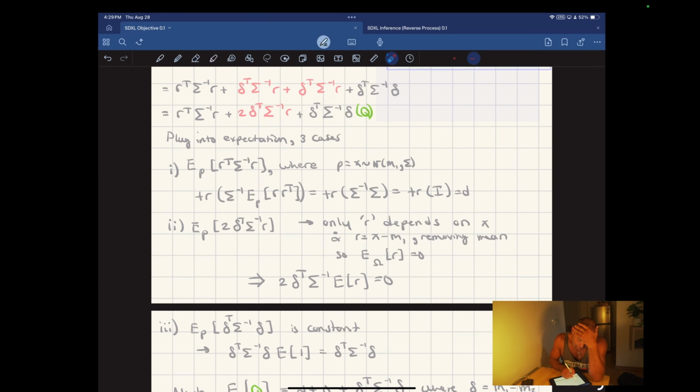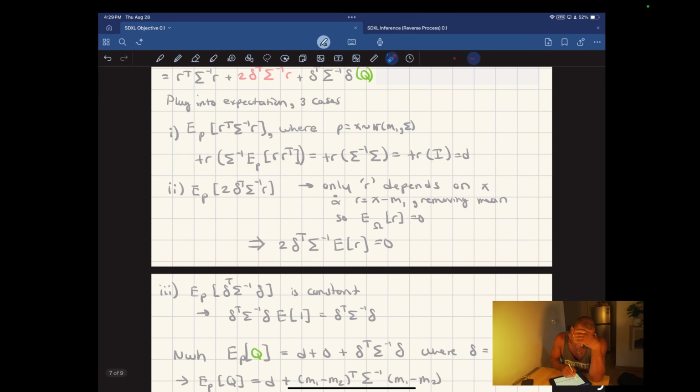So now I'm going to bring the expectation through here and here to look at those three cases individually. So the first case is this one. So the expectation of that, again, I use the properties of trace to bring this out, and then bring the expectation here, and then bring the sigma out and get this, right?